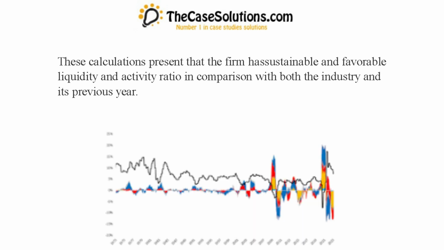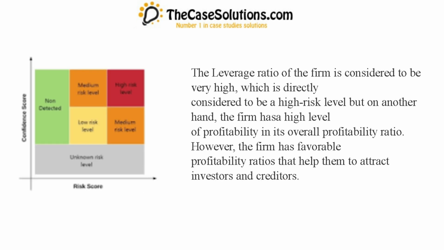These calculations present that the firm has sustainable and favorable liquidity and activity ratios in comparison with both the industry and its previous year. The leverage ratio of the firm is considered to be very high, which is directly considered to be a high-risk level, but on the other hand, the firm has a high level of profitability in its overall profitability ratio. However, the firm has favorable profitability ratios that help them to attract investors and creditors.